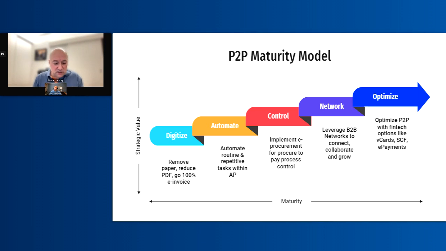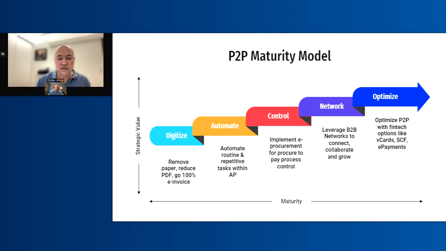All right, we're still talking about the path to P2P here, and so what I've done is I've created a P2P maturity model, and it's really an example of how our customers do it. So this may not be how every other company goes through the process of maturing in their P2P model.